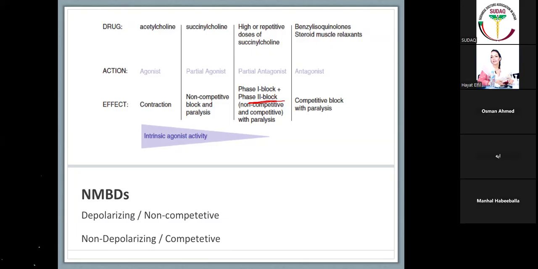The only depolarizing muscle relaxant available is succinylcholine. Succinylcholine is a partial agonist because it's very similar to acetylcholine, while the other non-depolarizing muscle relaxants have the quaternary or bis-quaternary group, and they attach to the alpha subunit of the acetylcholine receptor, but in a competitive manner to acetylcholine.